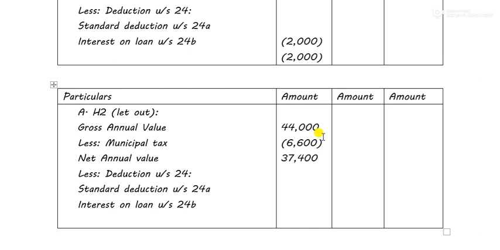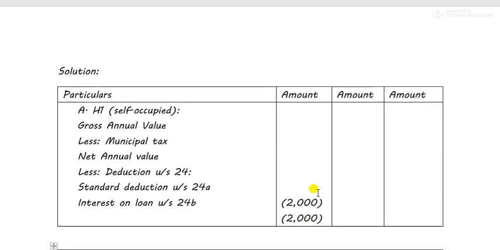Now I have to deduct under section 24. Just simple 30% of 37,400, which is equal to 11,220.